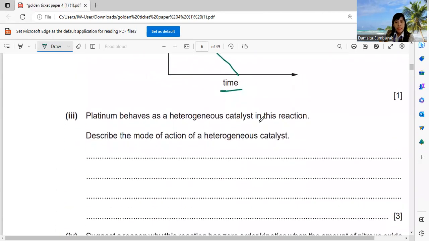Platinum behaves as a heterogeneous catalyst in this reaction. We know that platinum is solid. Describe the mode of reaction as heterogeneous. What is a heterogeneous catalyst? I will give you a hint for this.